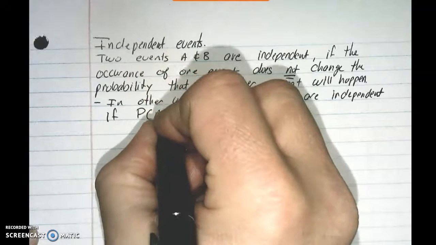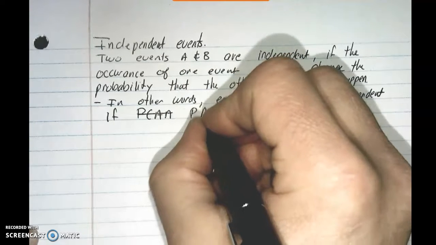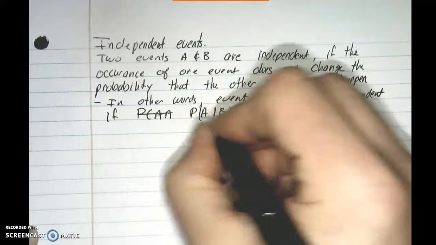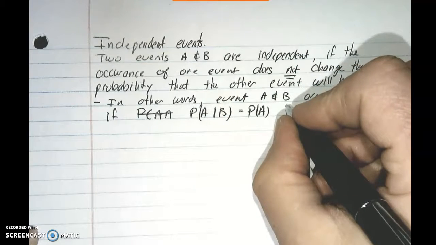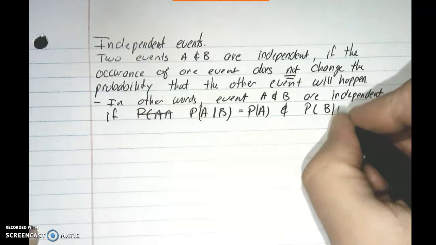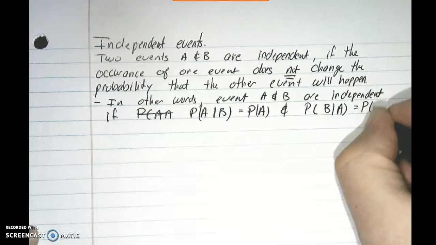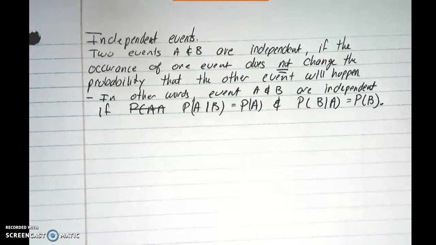The probability of A given B is equal to the probability of A, and the probability of B given A is equal to the probability of B. Okay, so I'll give you a second to write that down, and then I'll try and explain it a little bit better.